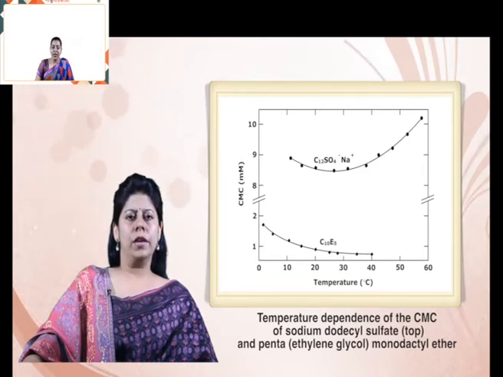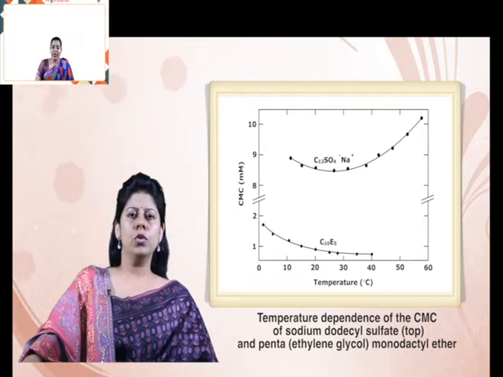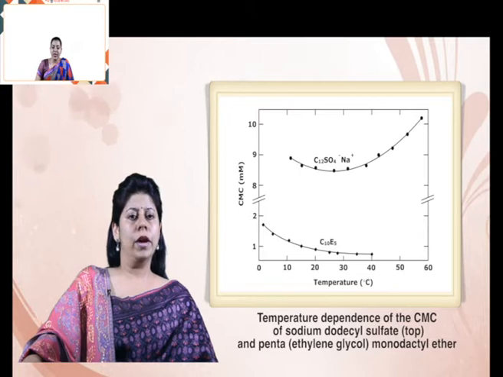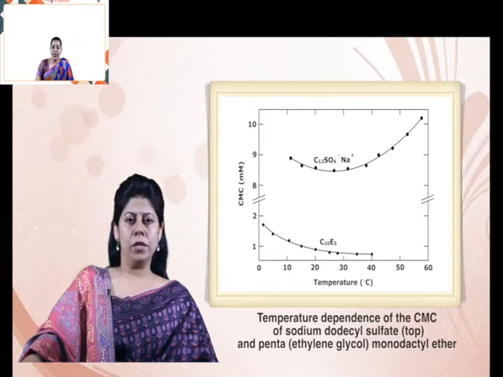The CMC varies in a non-monotonic way by 10 to 20% over a wide range. The shallow minimum around 25 degrees centigrade can be compared with the similar minimum in the solubility of hydrocarbons in water. The decrease in solubility of hydrocarbon increases the tendency of the respective surfactant molecules to form micelles.